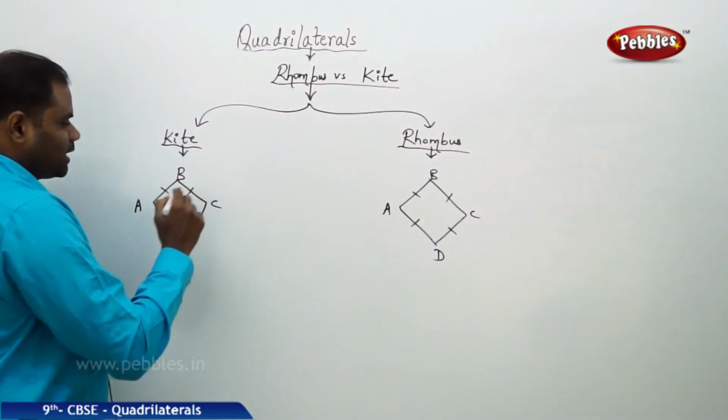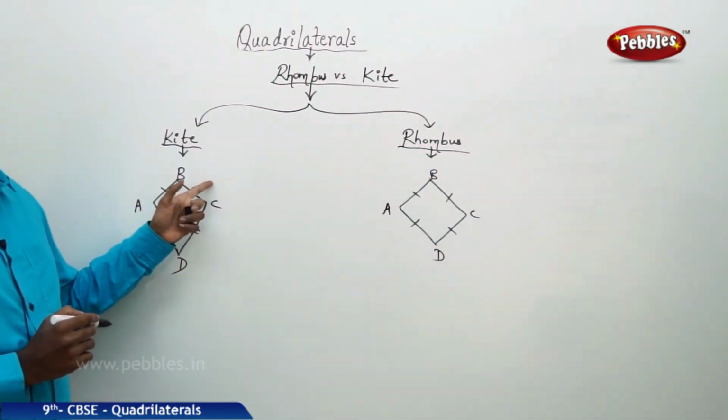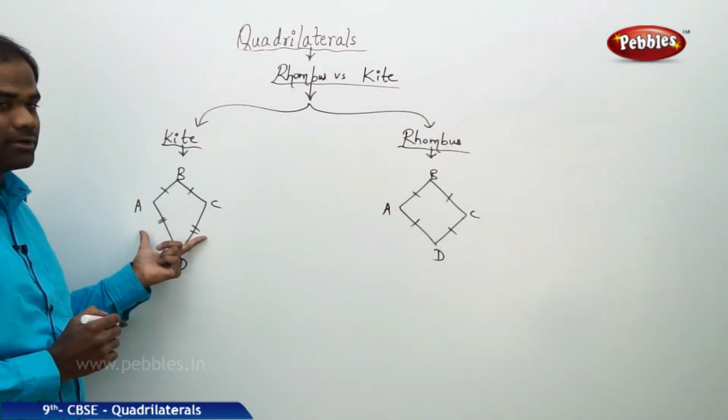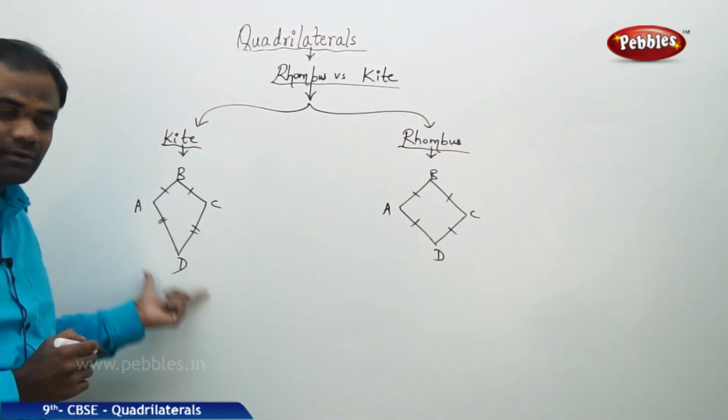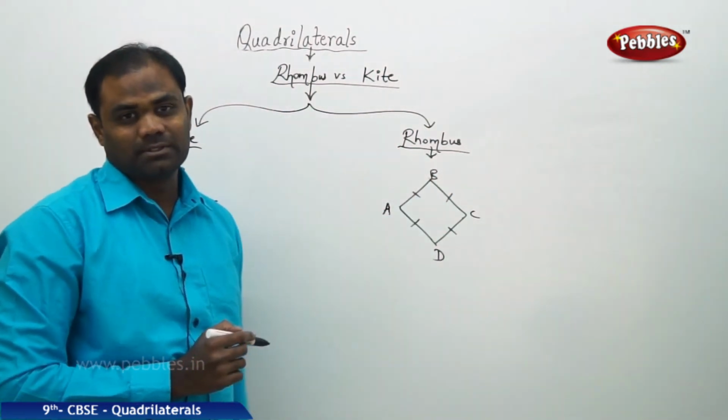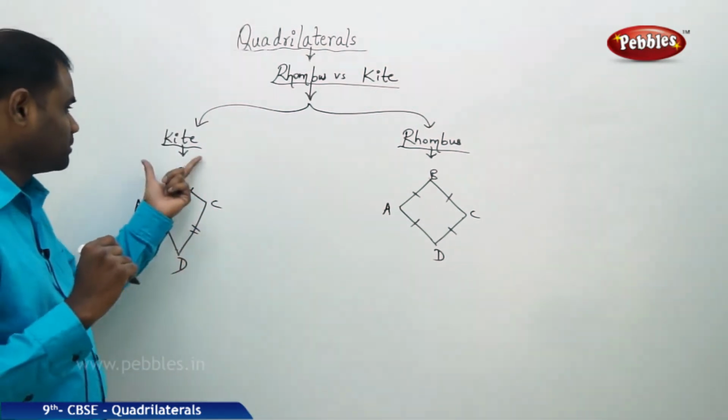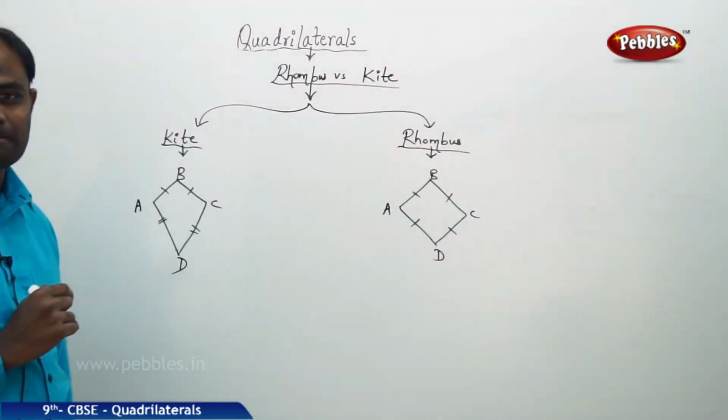But when I take the kite, its all sides are not equal. Only the pair of adjacent sides are equal. So this does not satisfy the needs of the rhombus, is how we understand the relation between a kite and a rhombus.